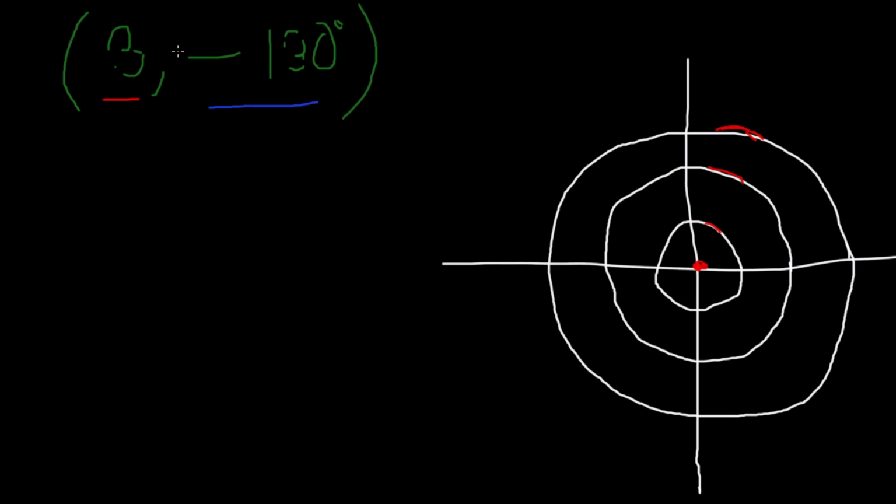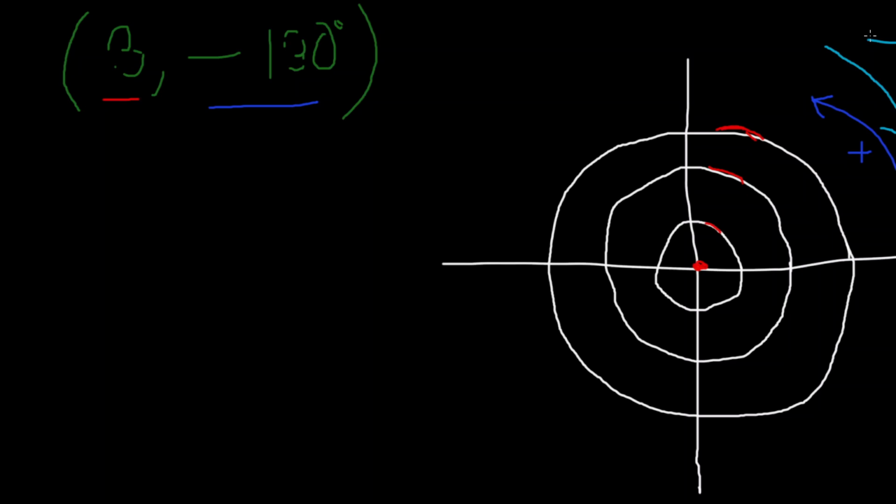First thing you notice is this is a negative theta, and as I said, theta is the angle measured from the x-axis counterclockwise. But since this is a negative number, we go clockwise. Remember, if this number, theta, is positive, we go counterclockwise.